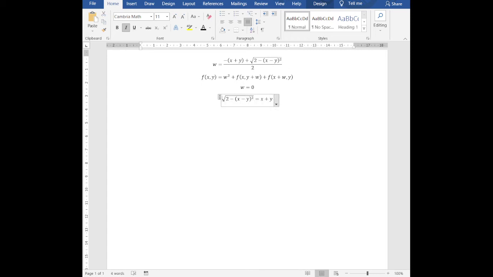Can square both sides. Hey, we've been here before. Sides, can pull this across.